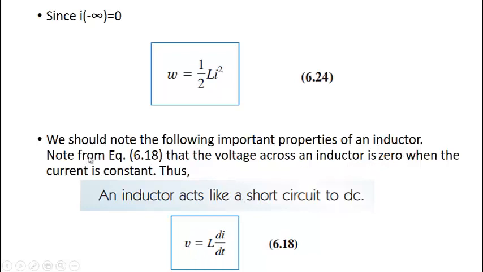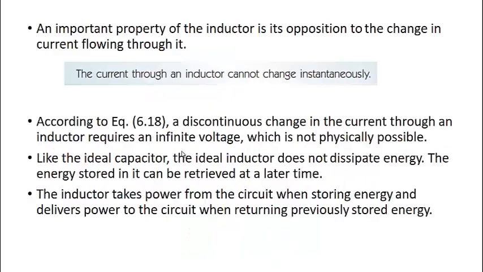So we can deduce that an inductor acts like a short circuit to DC, because a constant current is a DC current. When a DC current flows through the inductor, it results in zero voltage, so it acts as a short circuit to DC.